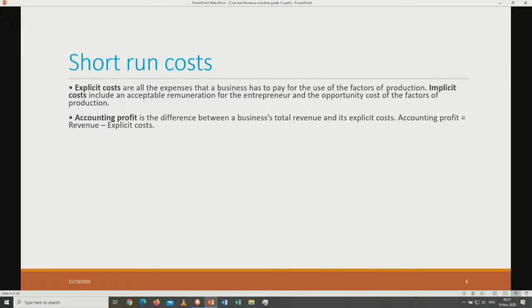So accounting profit is the difference between a business's total revenue and its explicit costs. This is according to an accountant's point of view. This is how they calculate profit. They take the revenue that the business is making and they subtract all the explicit costs, and then they arrive at an accounting profit.